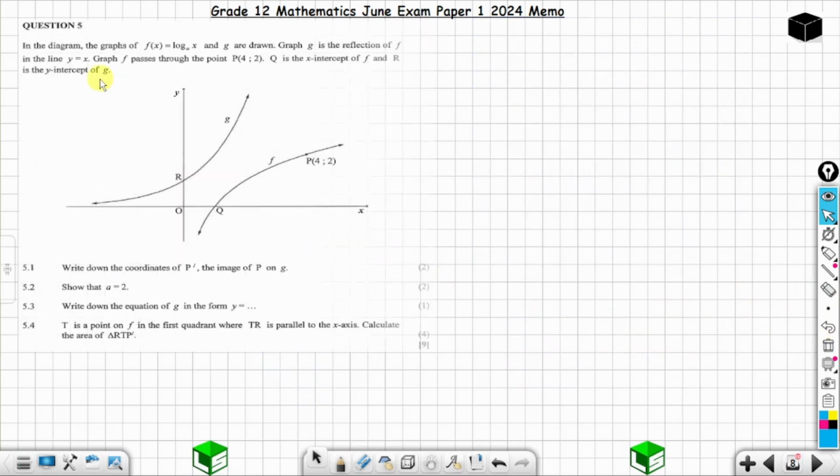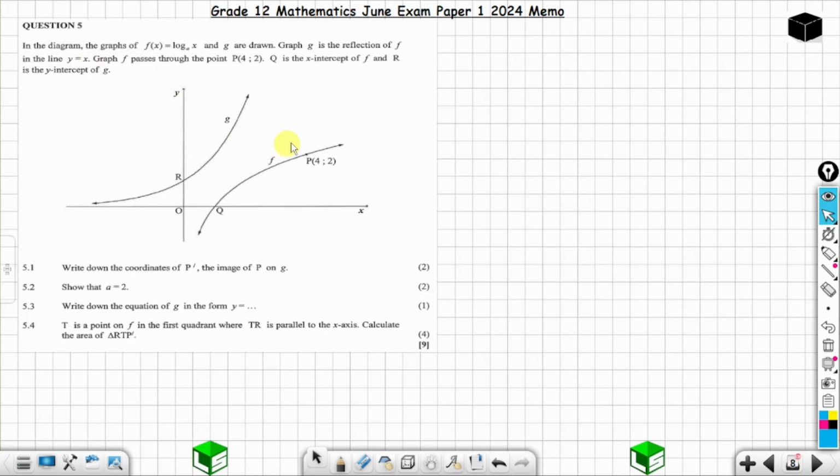Now, question 5. In the diagram, the graphs of f of x equals log of x base a and g are drawn. Graph G is the reflection of f in the line y equals x.